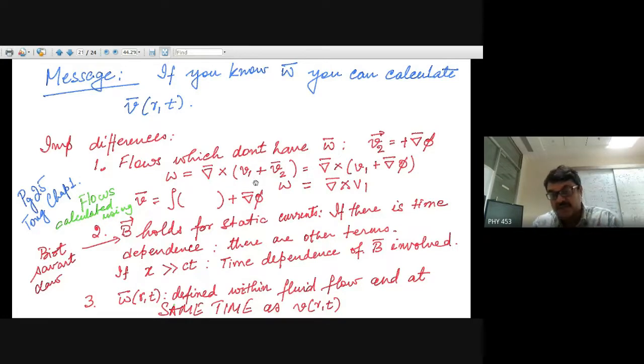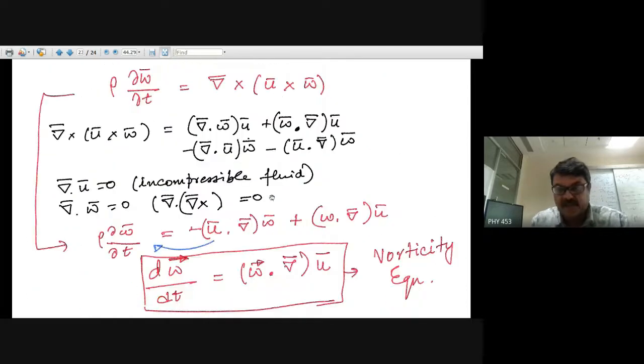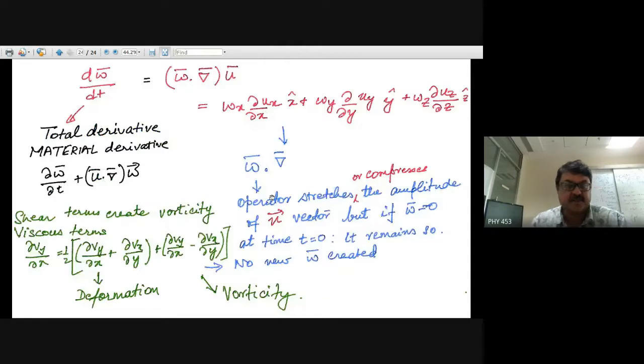You only get the part of the velocity field which had vorticity. You can still have a velocity field which is coming from grad phi. Okay, so this is where I end.